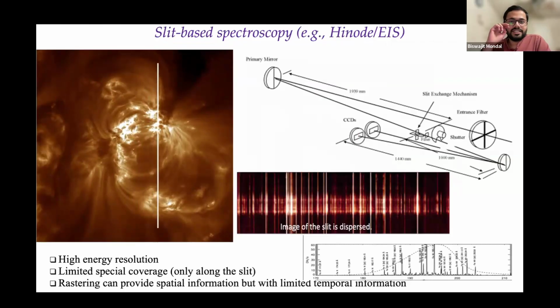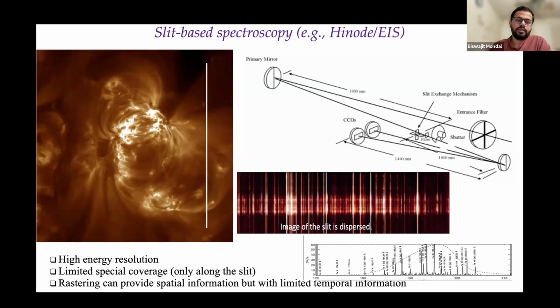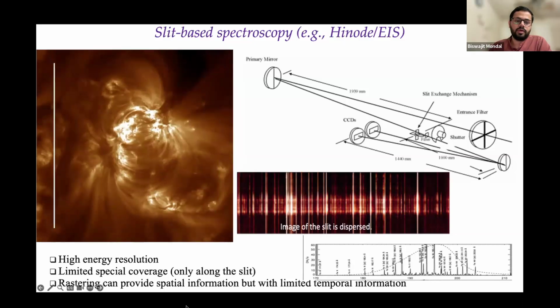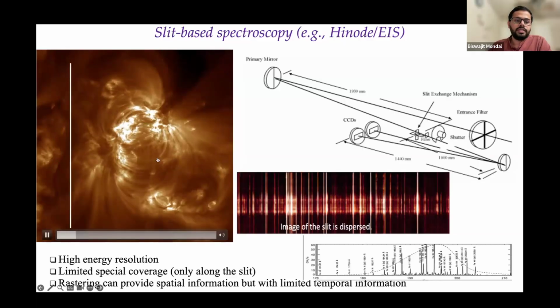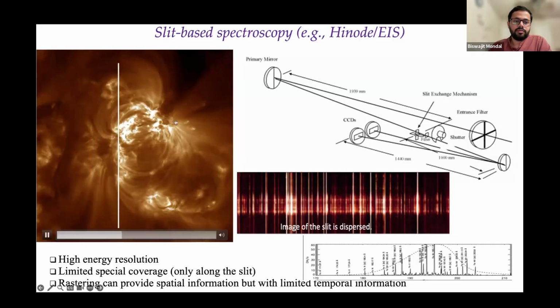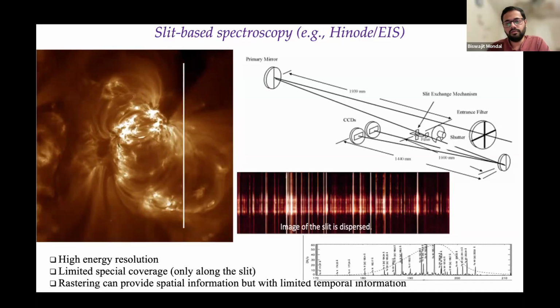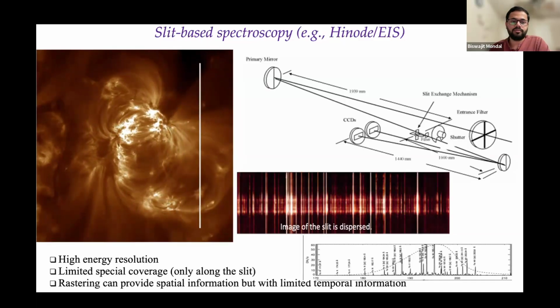So on the other hand, with slit-based spectroscopy, we can get the spectrum along the slit, wherever the slit is located on the Sun. In this case, we can get spatial information, but there is a drawback. To cover the entire active region, we need to raster, placing the slit at multiple locations, and that rastering process takes a few minutes to a couple of hours for an entire active region.